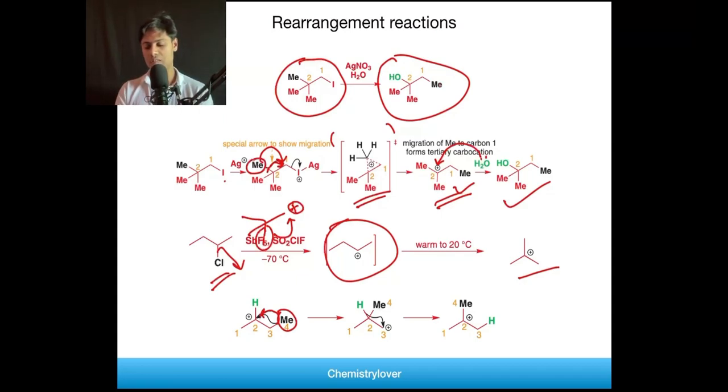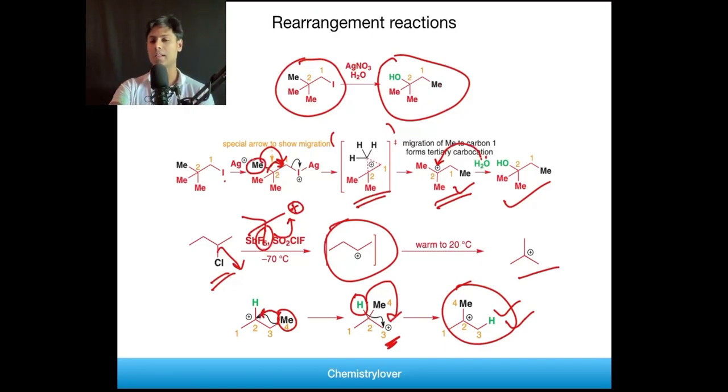This primary carbocation is a transient species in this case, because after that step this hydride can migrate over here to give you this tertiary center. To generate this tertiary carbocation, the generation of this primary center is necessary. So at the end you get this tertiary center, and on that any nucleophile can attack, and you will get the desired product. So this is how rearrangement occurs.